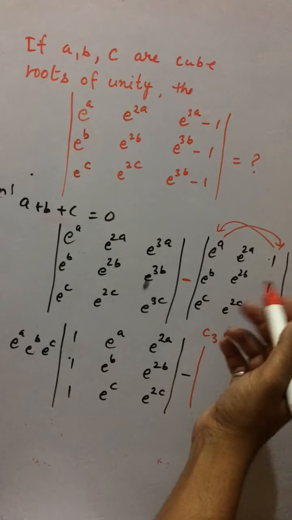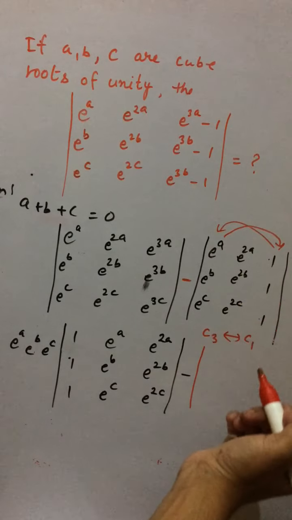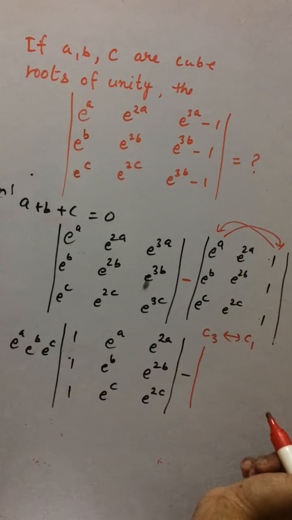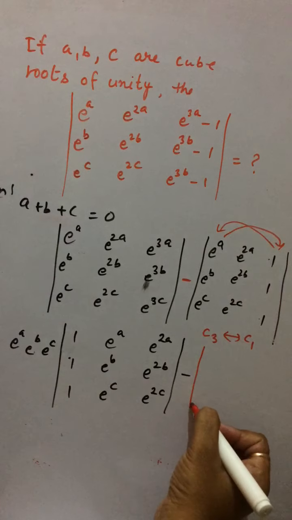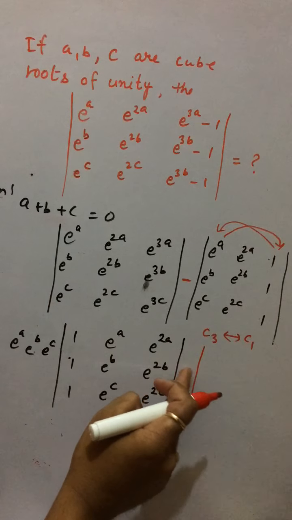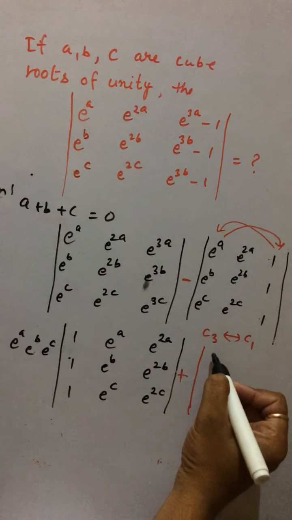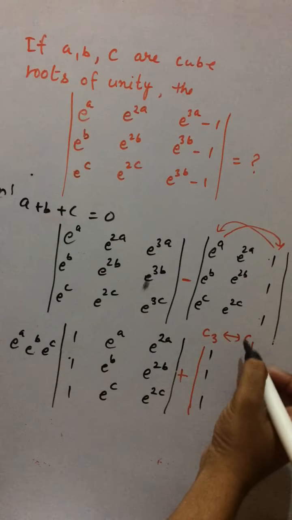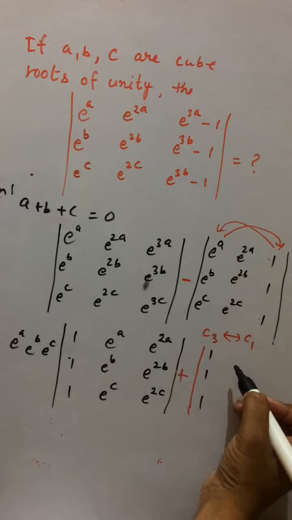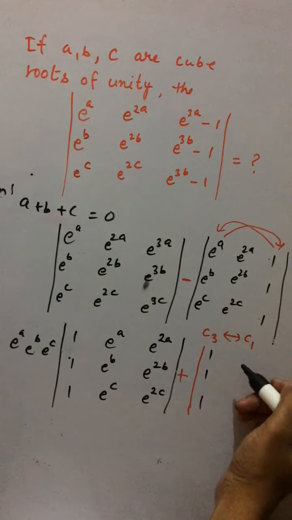When you interchange two rows or two columns, the absolute value of the determinant is the same, but the sign changes. So minus and minus will become plus here. And you write here the value after interchanging the columns.